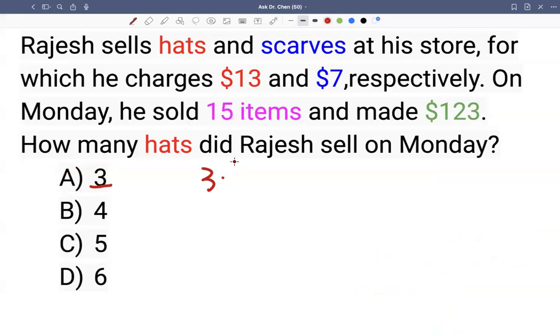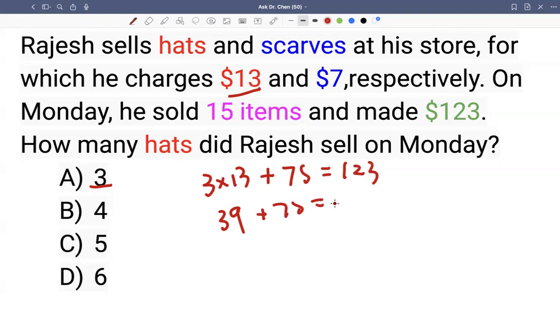Each hat sells for $13, so assume 3 hats have been sold. 3 times 13 is how much money you get from selling hats, which is 39. Then plus the money you get from scarves, that's 7S. Adding together, that's 123.